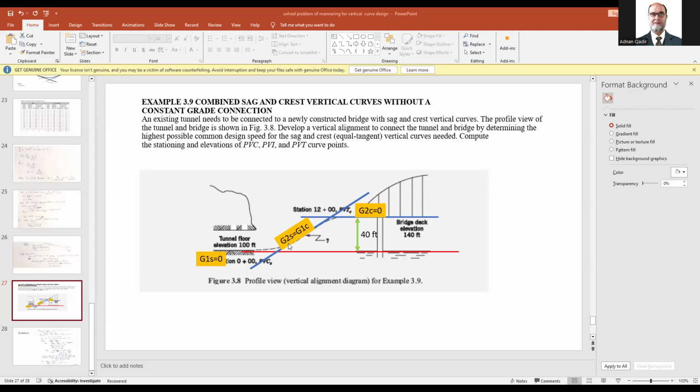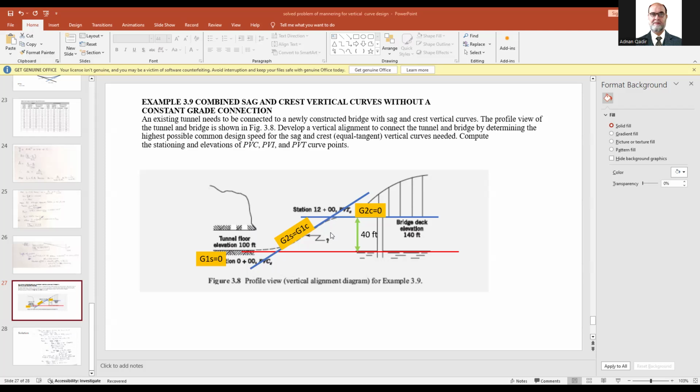In between that, we have to negotiate some grade, we have to ascend some grade, and in order to ascend this grade, we have to have two curves. The first one is the sag curve from 0 to some percent, and then there is a crest curve from some grade to the 0 grade. Understanding this figure is very important in the context of this problem.